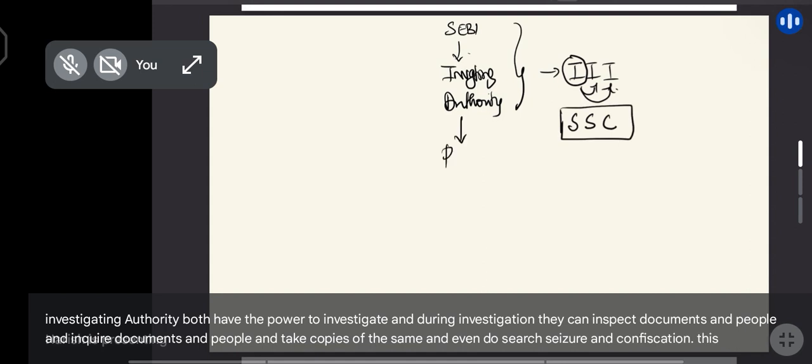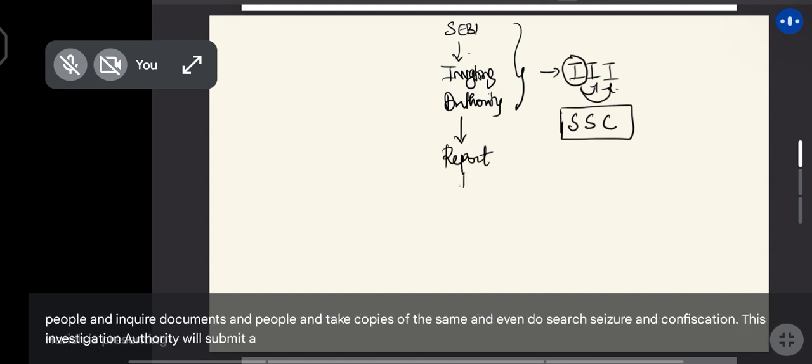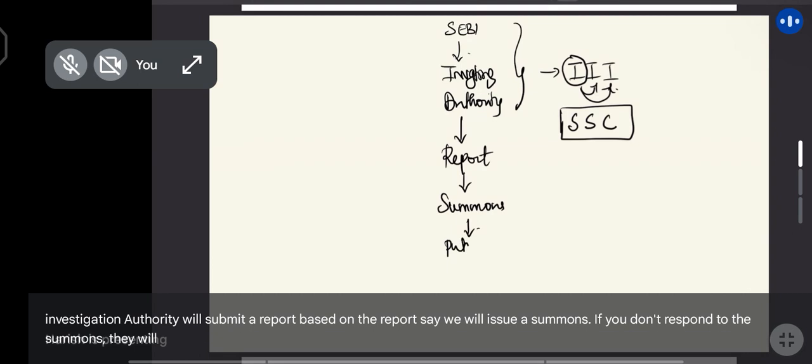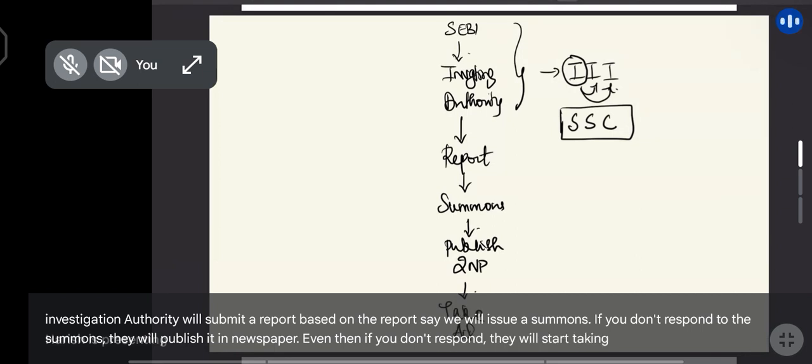This investigation authority will submit a report. Based on the report, SEBI will issue a summons. If you don't respond to the summons, they will publish it in newspaper. Even then, if you don't respond, they will start taking action and impose penalty.